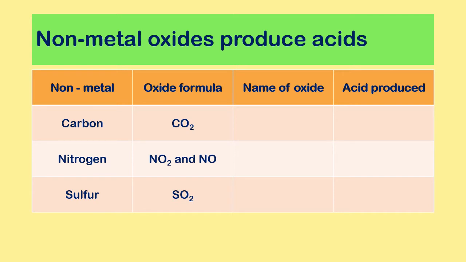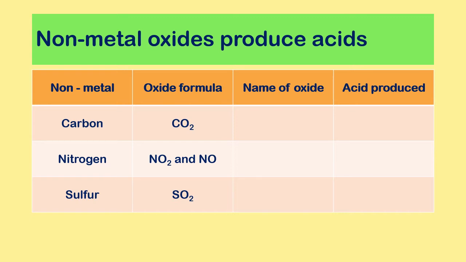So, non-metal oxides produce acids, and the most common sources of non-metal oxides, or the elements that they're based on, are carbon, nitrogen, and sulfur. Now, those are the non-metals. A non-metal oxide means that that element has reacted with oxygen.